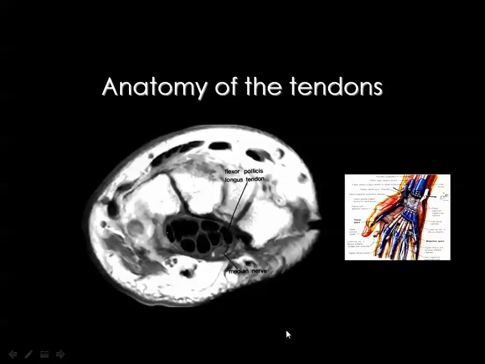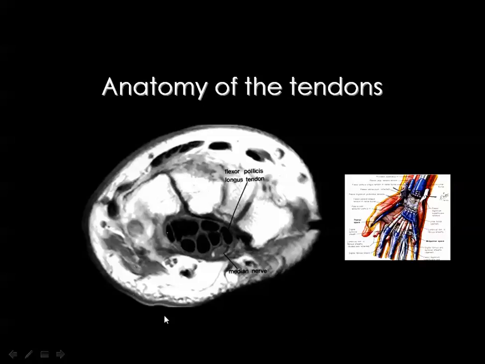Then we came to the tendons, and you know that the tendons around the wrist are numerous. Then I would like you to concentrate with me so that you are able to remember all of these tendons around the wrist, those on the volar aspect and those on the dorsum of the wrist.